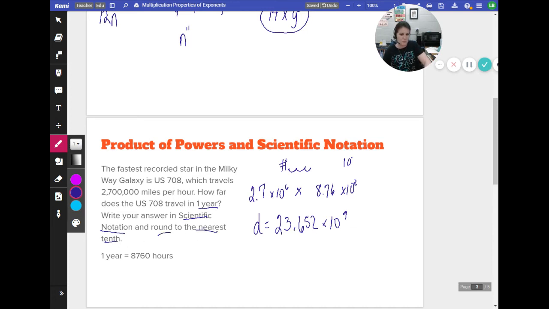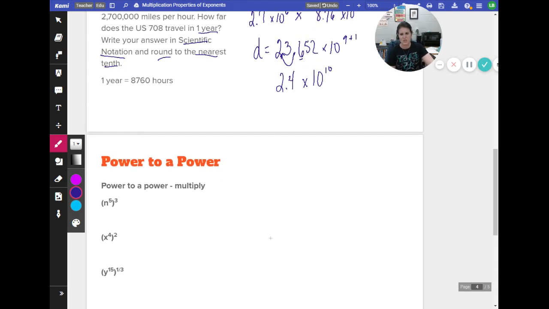We have not done this. We've got to move this over one more place, so I'm going to add another 10 here. And I need to round to the nearest tenth. Since it's 2.36, I know this 6 tells me to round that up to 2.4. So 2.4 times 10 to the 10th is our answer in scientific notation.